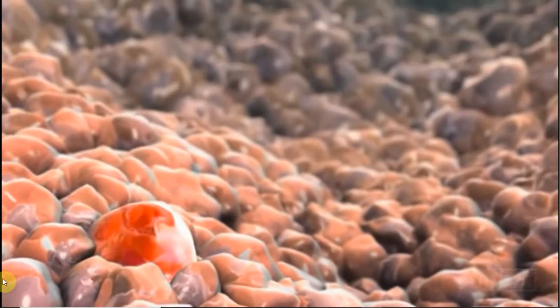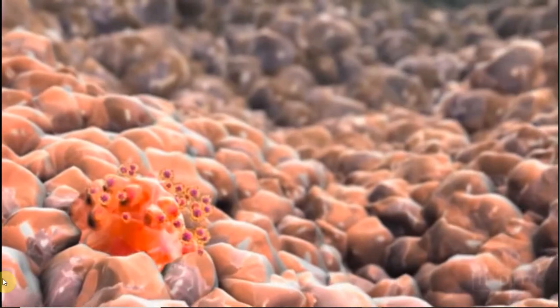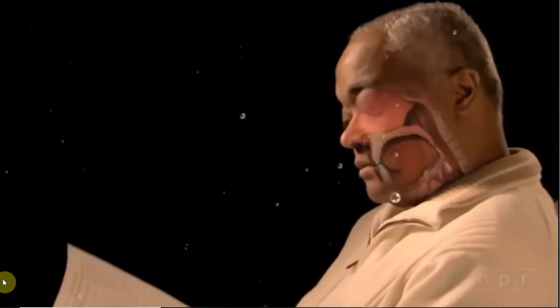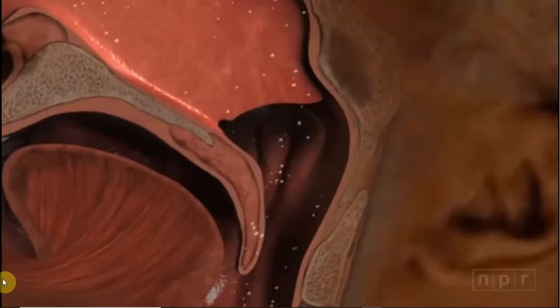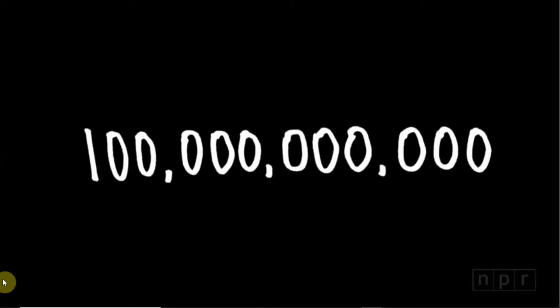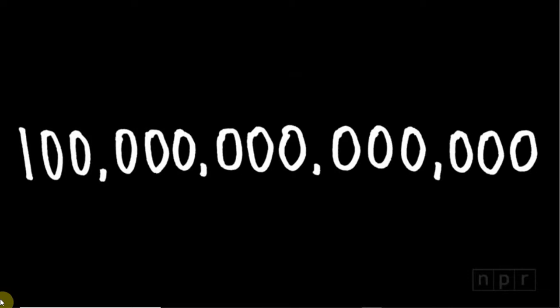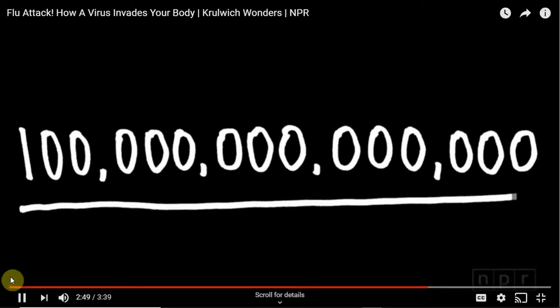Only one virus entered the cell, but how many came out? Well, millions. So if one virus can produce 1 million babies and do it again and again and again, how come this guy doesn't just drop dead in like 10 minutes? Well, because you have about 100 trillion cells. I see. So 1 million viruses is just a drop in the bucket when you have 100 trillion cells.